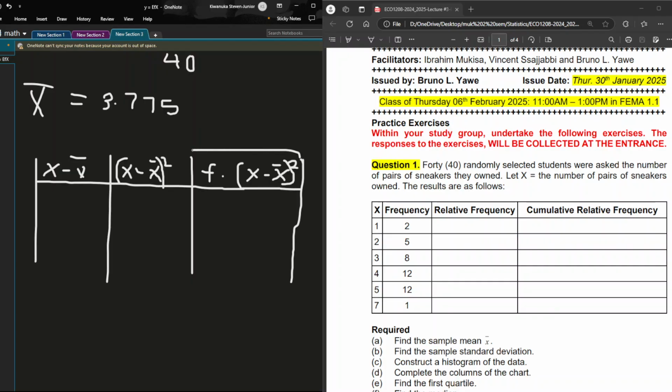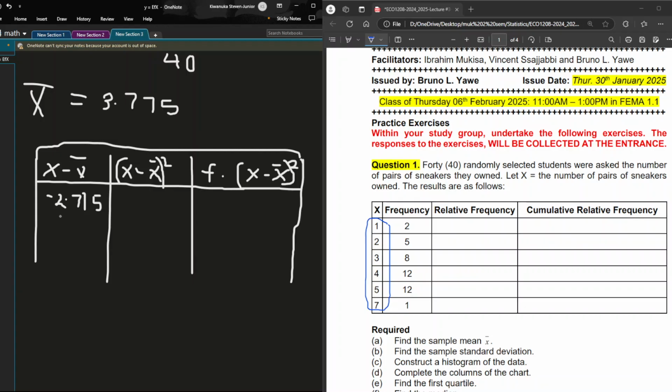So you can complete this table, adding it to this. These values represent the x values, the ones you're seeing here. It means here we have 1 minus 3.775, and we get our answer, the first one being negative 2.775.